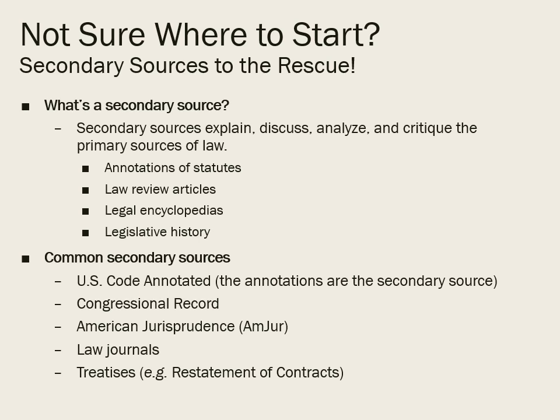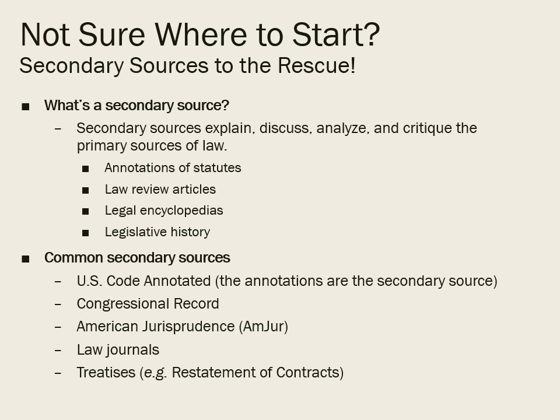Secondary sources explain, discuss, analyze, and critique primary sources of law. So typically, secondary sources are things like legal encyclopedias, law journal articles, and legislative history. However, you might have an annotated version of statutes or regulations or case law. Those annotations are also secondary sources.